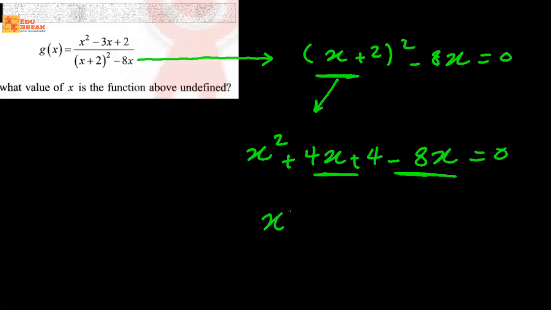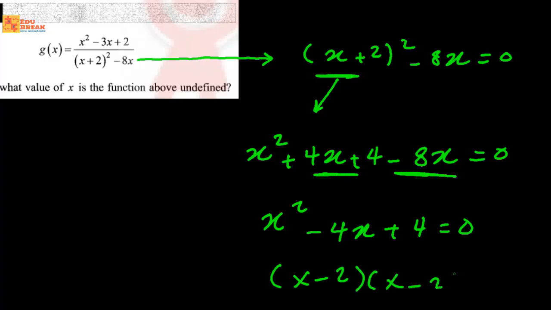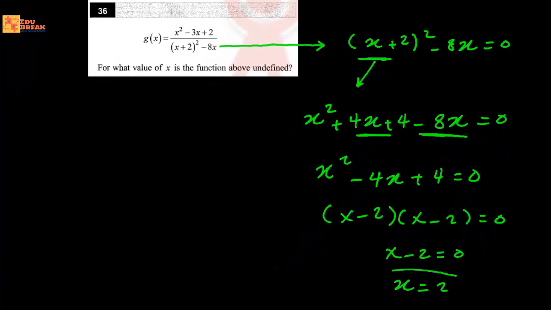So x squared minus 4x plus 4 equals 0. And using calculator or factoring, it will be x minus 2 times x minus 2, which equals 0. It means x minus 2 equals 0. So x equals 2. Okay. Next question.